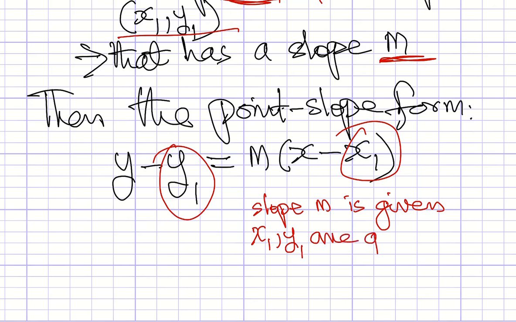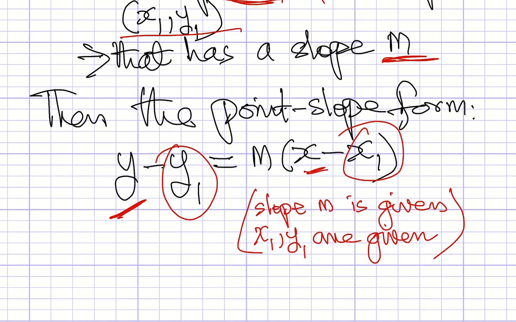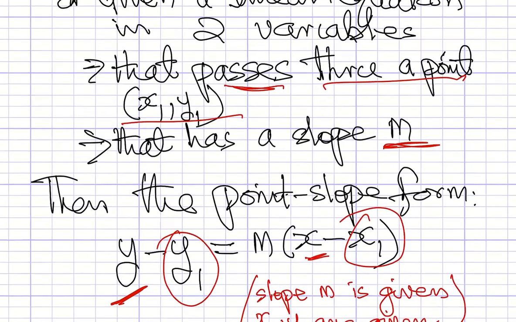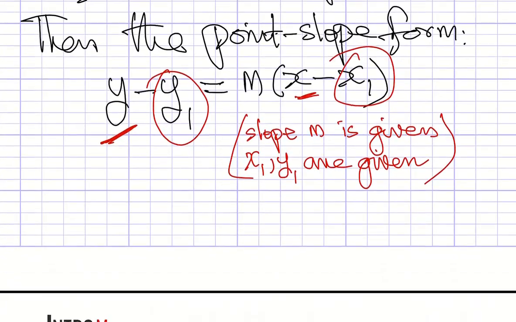So in the problem, these two things will be given to you. Then you have to solve using y and x. So you just need to memorize this equation, then everything else will fall into place. It's not that difficult. We're gonna deal with some examples in a minute.